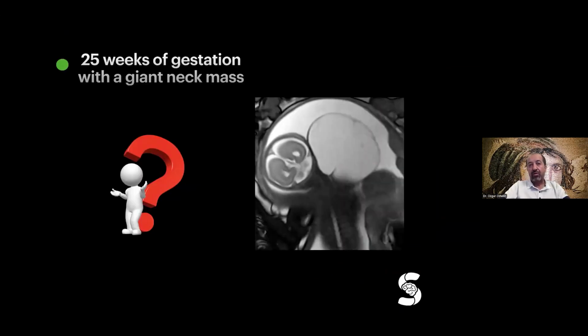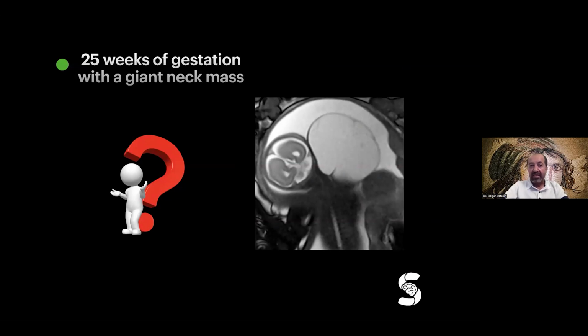And now let's go through another case. On coronal images, there is a significant accumulation of lymphatic fluid within the subcutaneous tissue. Due to its large size, the lesion exerts a mass effect on the neck, resulting in postural abnormality.